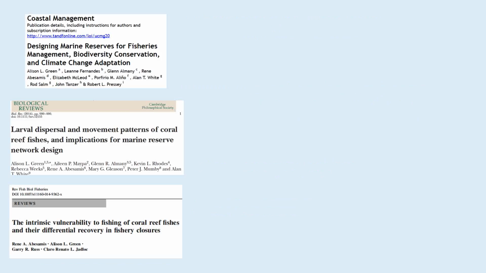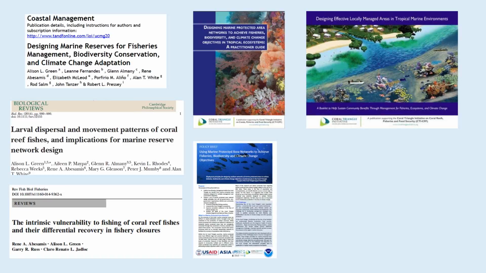I just want to remind you that all of this information we provide is in the peer-reviewed literature in a series of review papers, and that we know that most people don't read papers, so what we've done is provided it in different formats for different audiences. We have, for example, a field practitioner guide, which is this booklet here, that just says the bottom line. What do we recommend you should do and why?